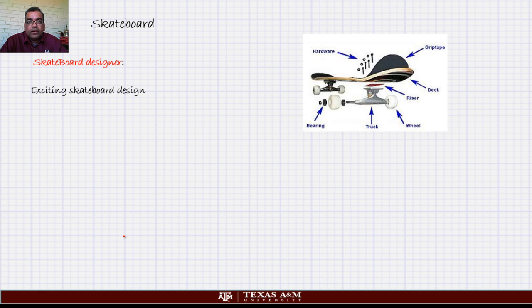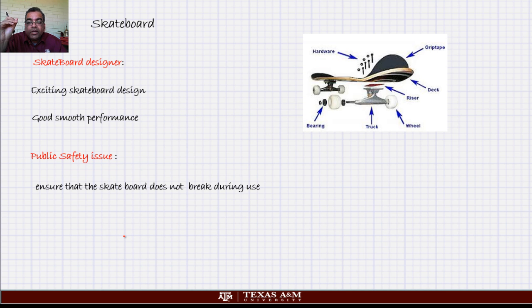It looks cool, it looks exciting, so that's item number 1. And it has to have good smooth performance, smooth motion. But that's not all. There is a public safety issue, which is we have to ensure that the skateboard does not break during stunts, during use.